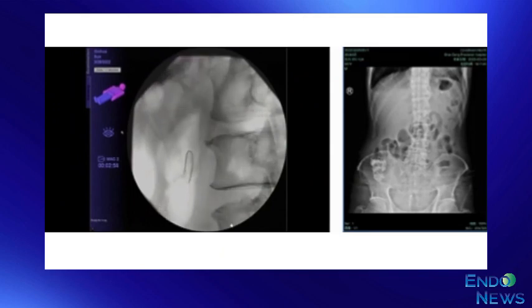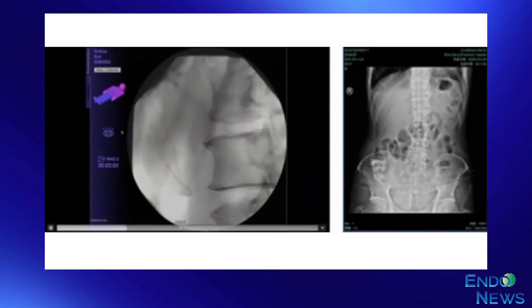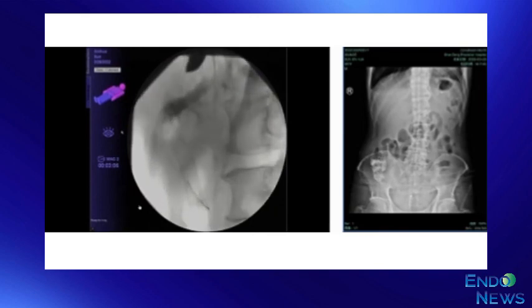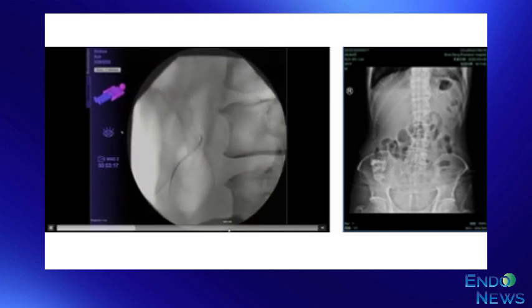This is not easy. Okay, the guide wire, we're pushing to the intestinal cavity.